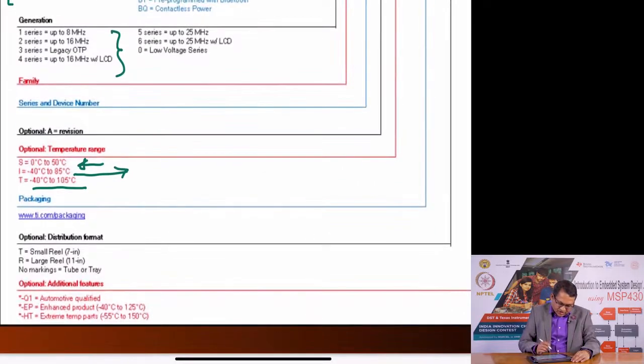And of course, the overall packaging is in the form of small or large reels, or you could get these ICs in a tube form also, and this is important information when you are doing mass manufacturing, because certain manufacturing equipment requires the components to be housed in a reel, certain other manufacturing techniques require them to be in a tube or even a tray and so on.